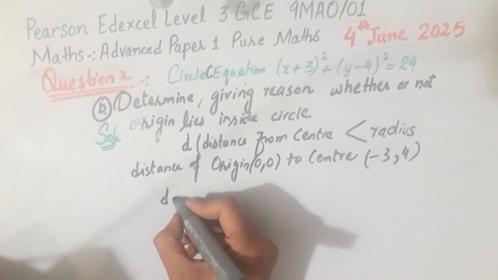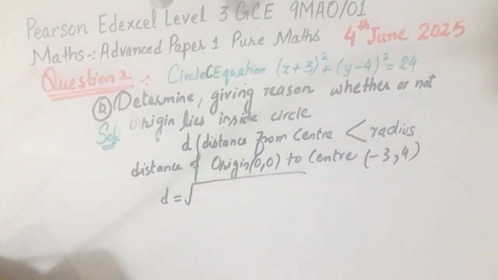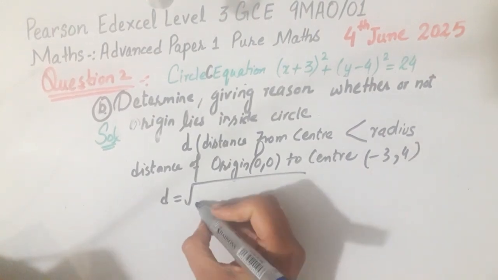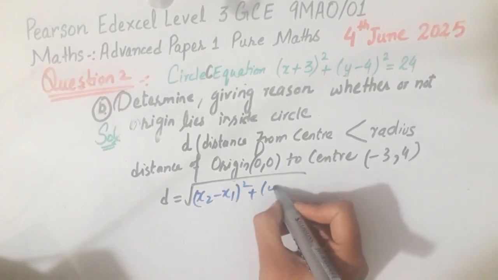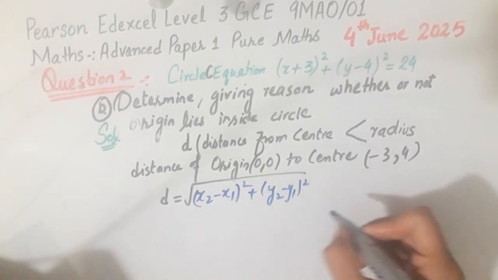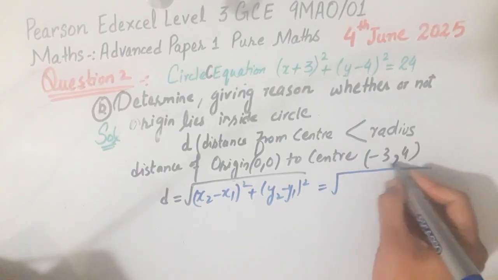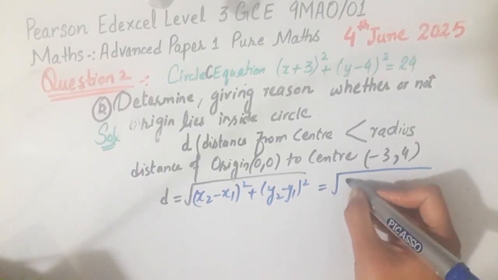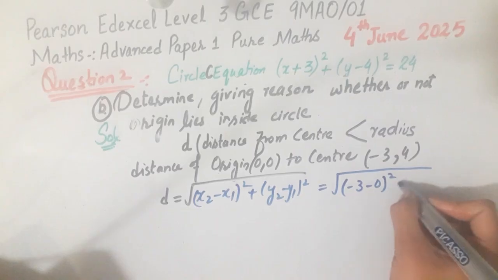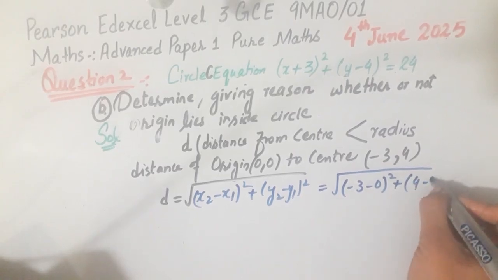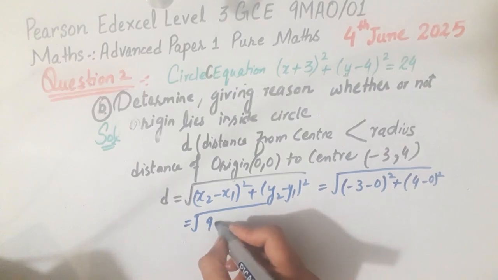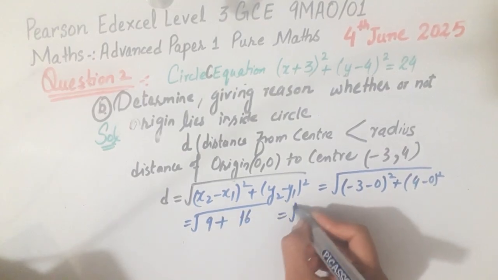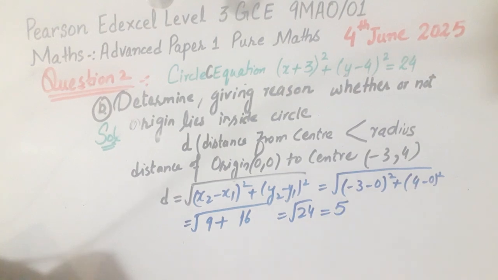By applying the distance formula, which is the square root of (x2 minus x1) squared plus (y2 minus y1) squared, we apply it on these points. So we get (minus 3 minus 0) squared plus (4 minus 0) squared. So this becomes 9 plus 16, that is 25, and the square root equals 5.